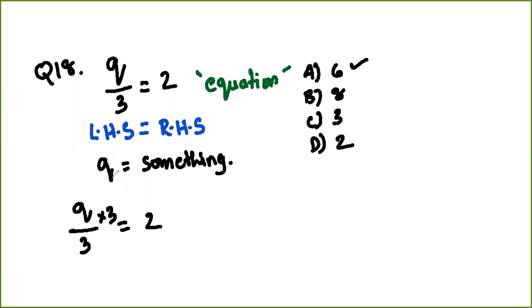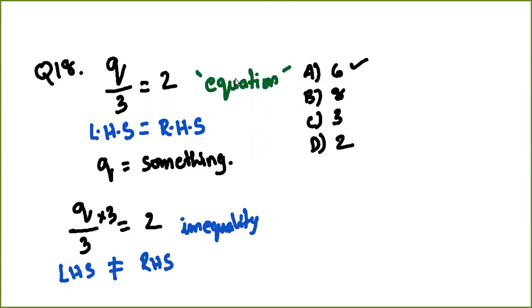But then by multiplying 3 on this side, I have made this equation into an inequality. Now the LHS is not equal to the RHS, and that's not allowed in mathematics. So it's not an equation anymore, it's something we call an inequality. And that's not allowed. So what should I do? I multiplied the LHS by 3.